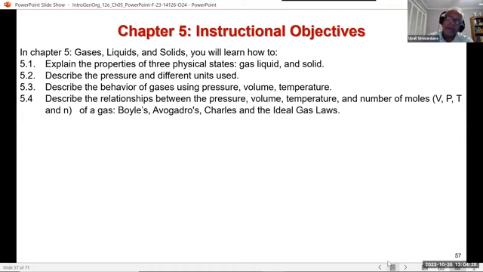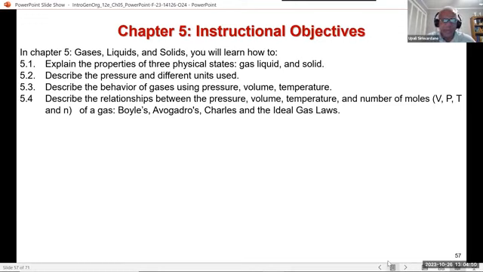There are gas laws that we use. There are 6 gas laws: Boyle's law, Charles' law, Gay-Lussac's law, Avogadro's law, the ideal gas law, and Dalton's law of partial pressure.